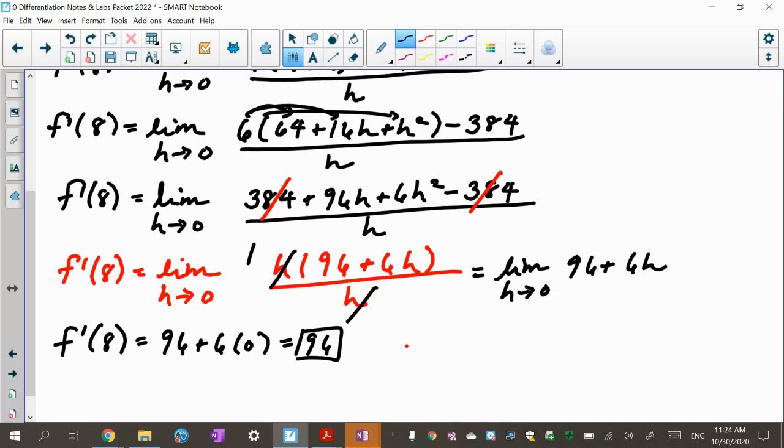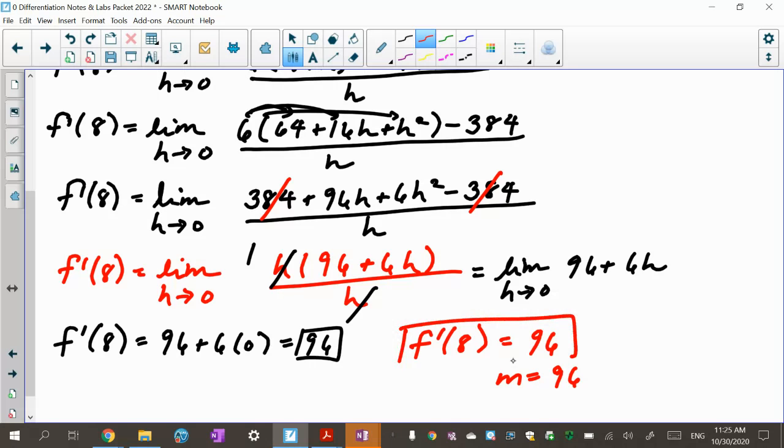That is my derivative, which is the slope when x was 8. So it's very, very steep. So f prime of 8 equals 96, which means the slope of a tangent line at that point is 96. This is all you need to write.